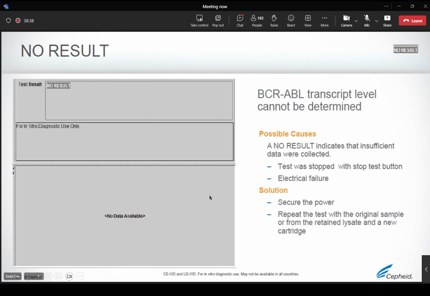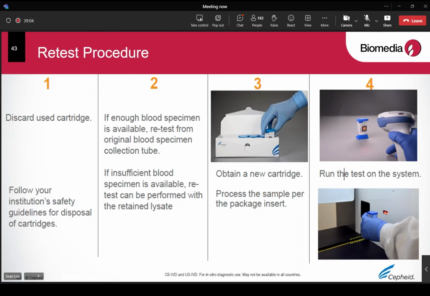If you face the issue of no result, this could be because of a machine issue. Suddenly the test has been stopped with the stop test button, or there is a communication issue between the GeneXpert and the computer, or a power failure. That leads to no results. For the retest procedure, you just discard the used cartridge.